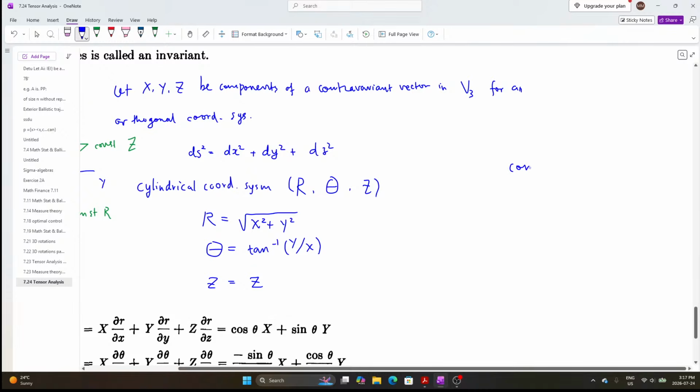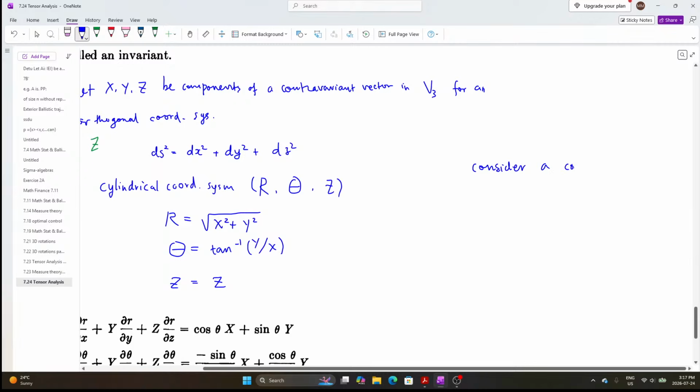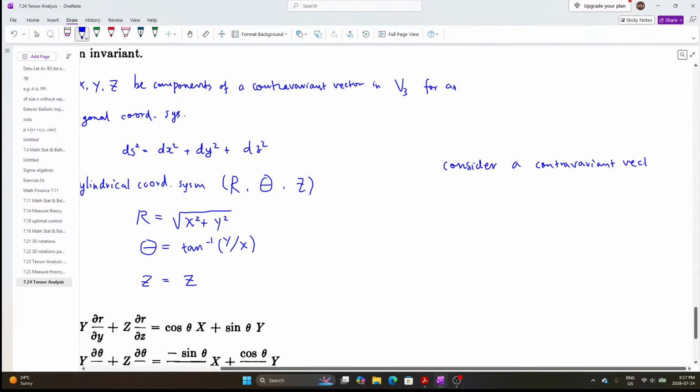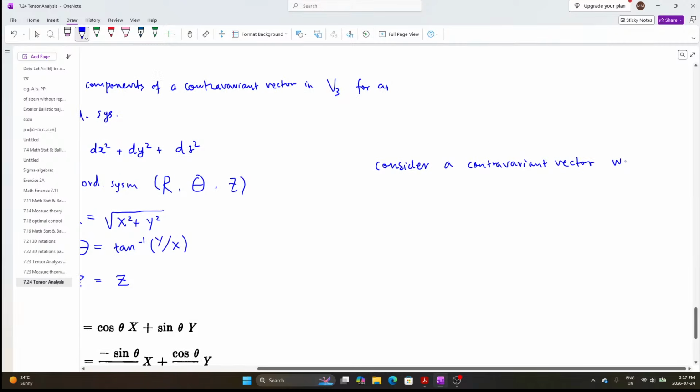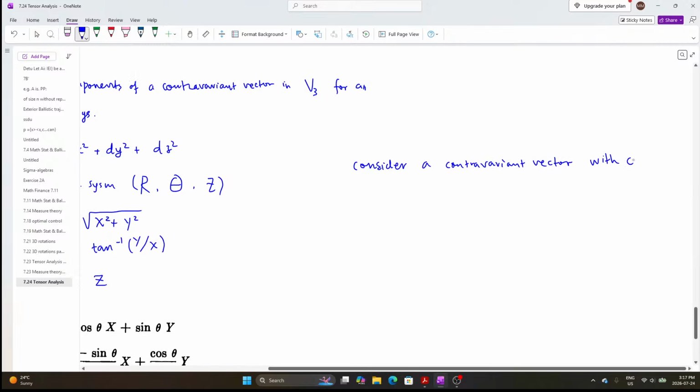So let's start over. Consider a general contravariant vector with components in two coordinate systems.